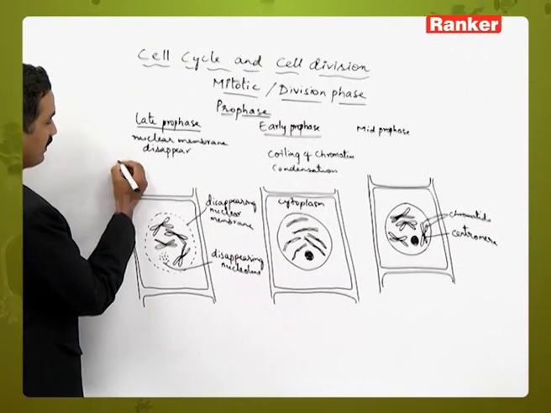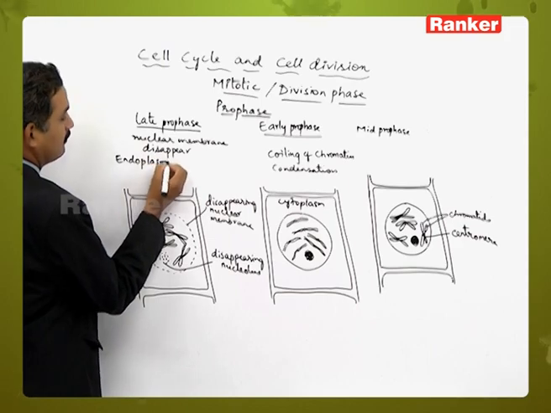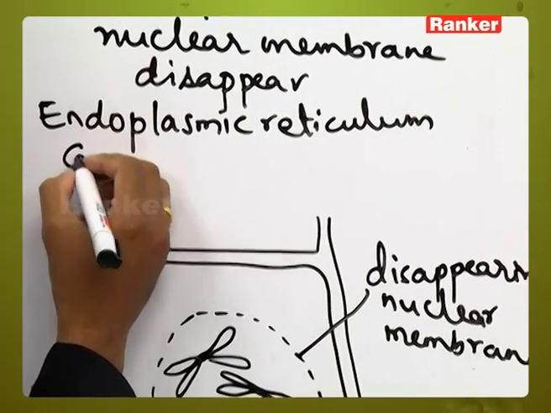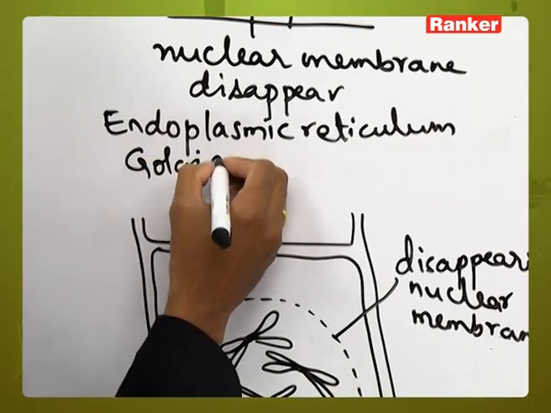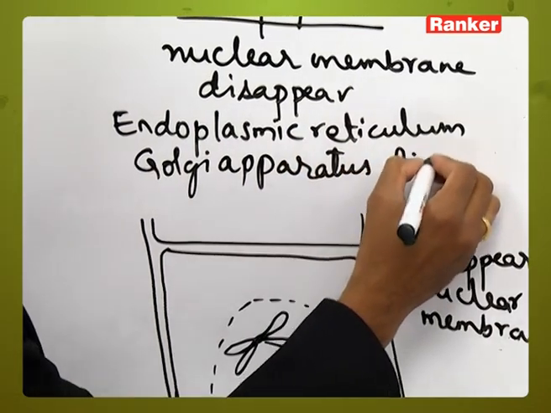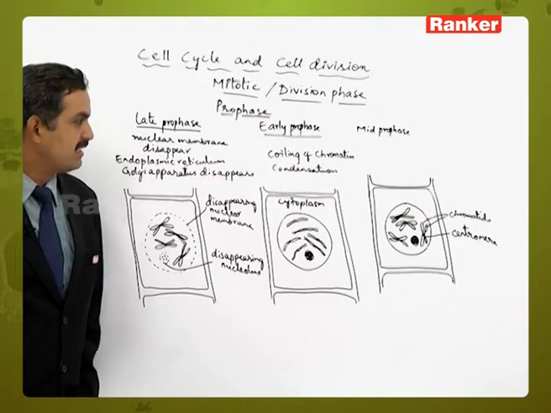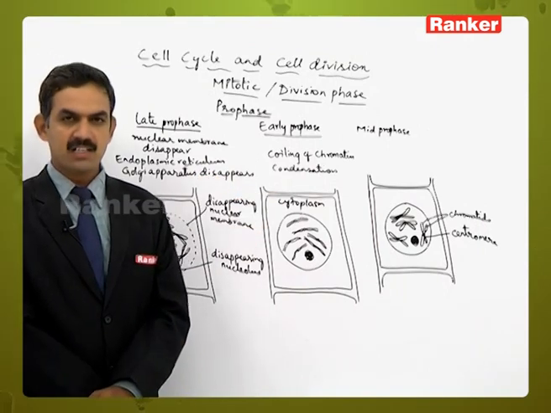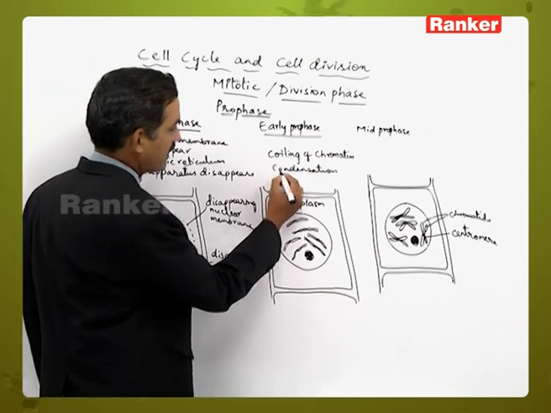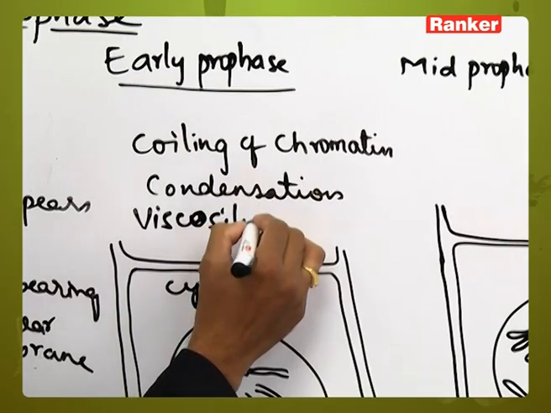Apart from this one, the endoplasmic reticulum and the Golgi complex, or Golgi apparatus, will also disappear by the end of prophase. And in the early prophase, we have seen that the chromatin starts coiling and condensation. Apart from that one, the viscosity of the cytoplasm increases.